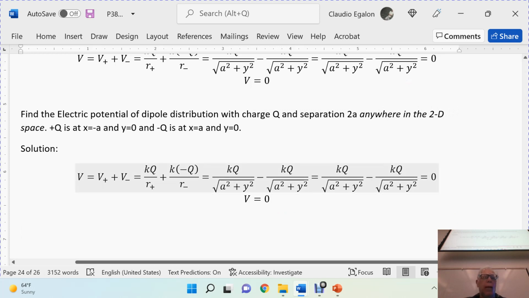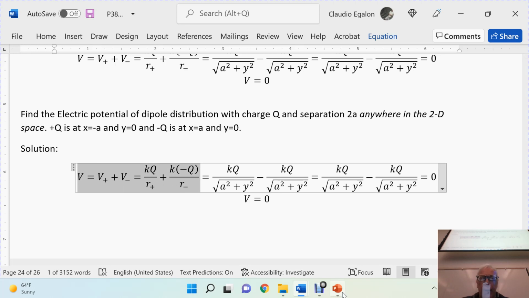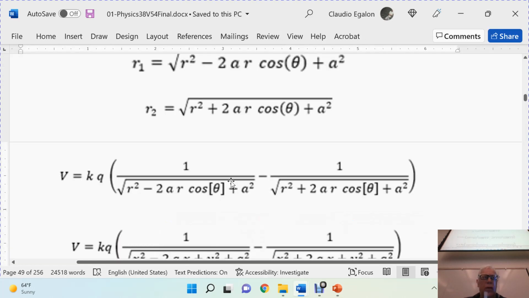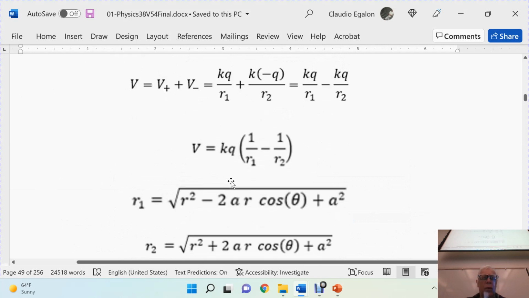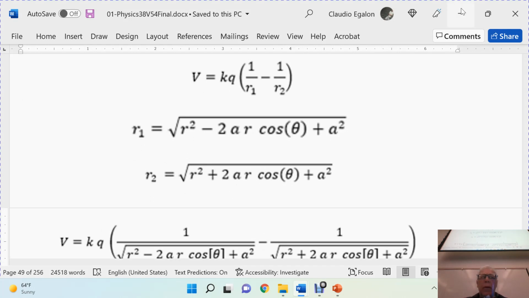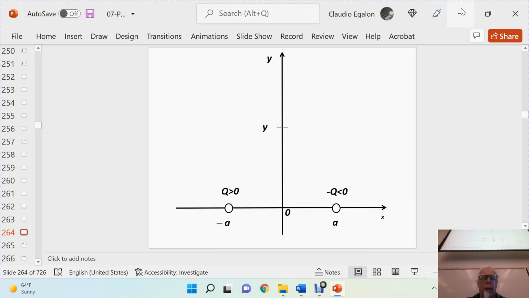Okay, we still can preserve what you see right in here. And anywhere should be, I want to be consistent with what I did here in my notes. Okay, let's see, minus R1.